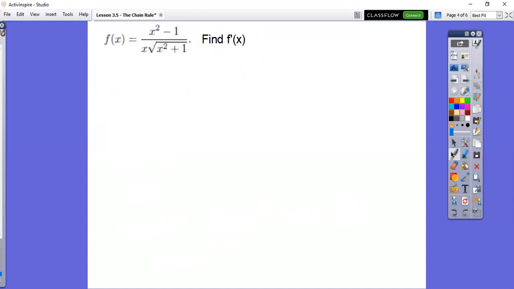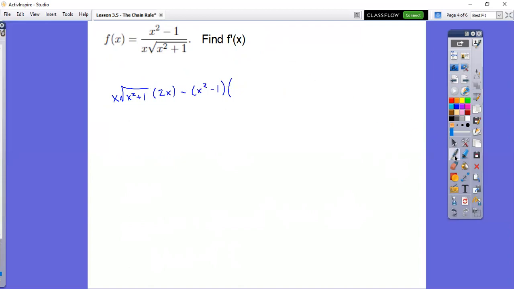All right, so we're going to practice a few more applications of this. In this one, I'm going to start by recognizing I'm going to have to apply the quotient rule. So if I'm applying the quotient rule, I have low, so I've got x times the square root of x squared plus 1 times 2x. That's the derivative of the numerator. So it's low d high minus high, x squared minus 1, d low.